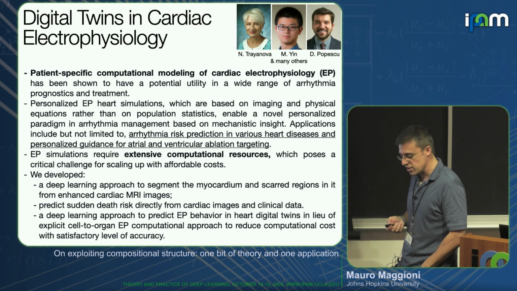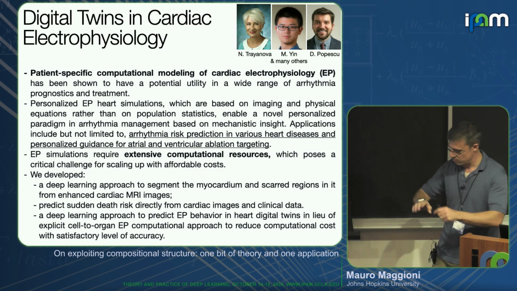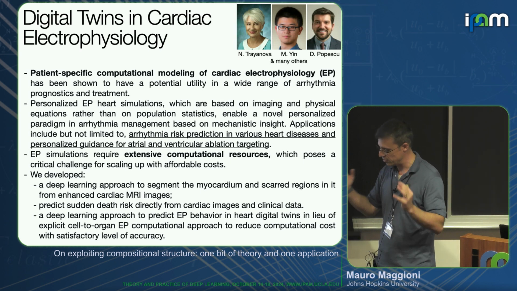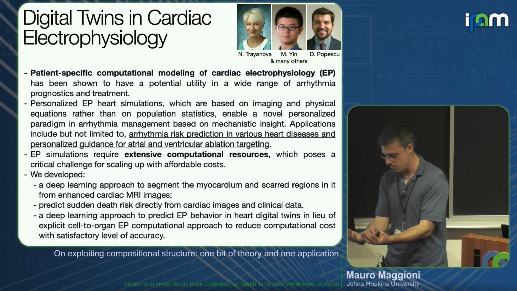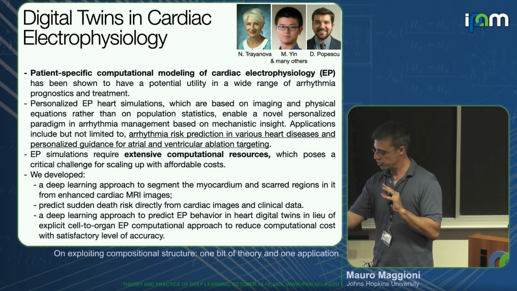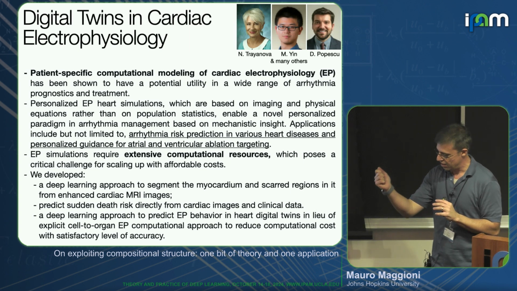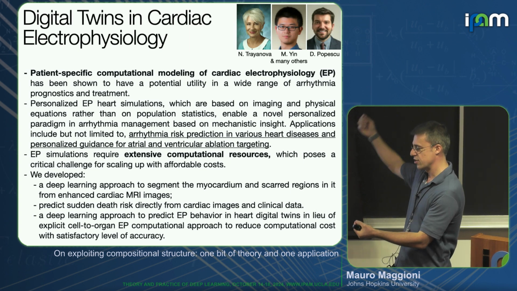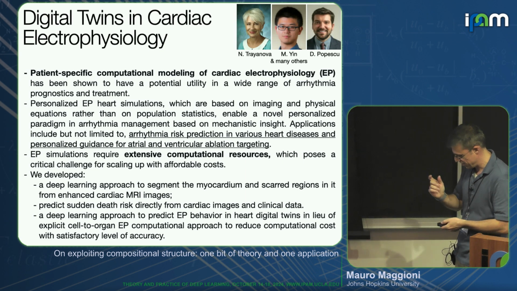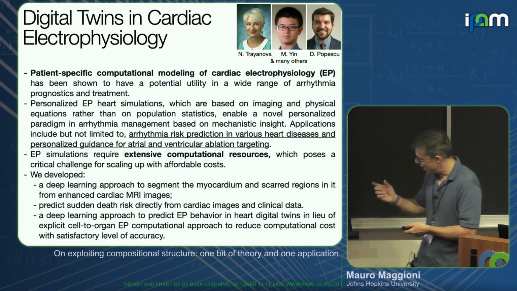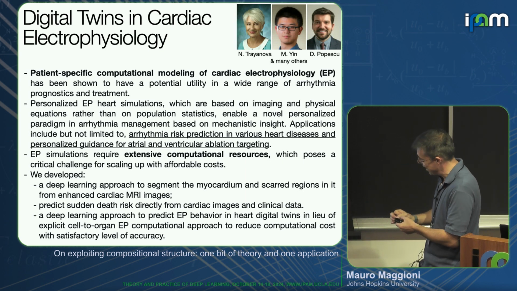And these models are very expensive to compute with. They're built at very high resolutions with millions of boxes, millions of finite elements. The equations are PDEs, reaction diffusion type of PDEs, with a reaction term that depends on a bunch of ODEs, which are modeling ion channels at the almost cellular level.